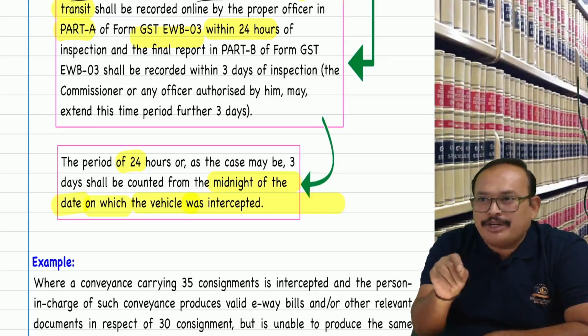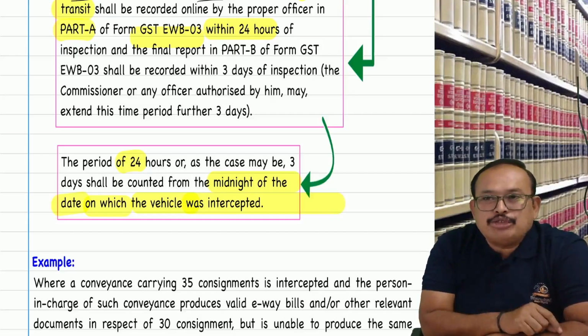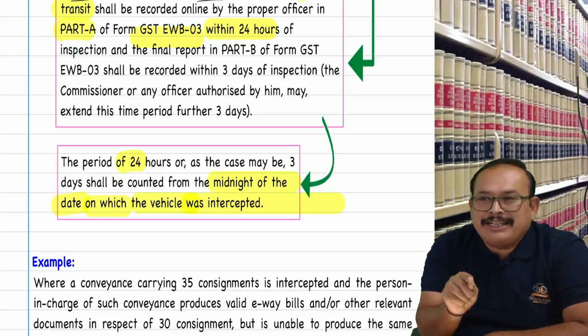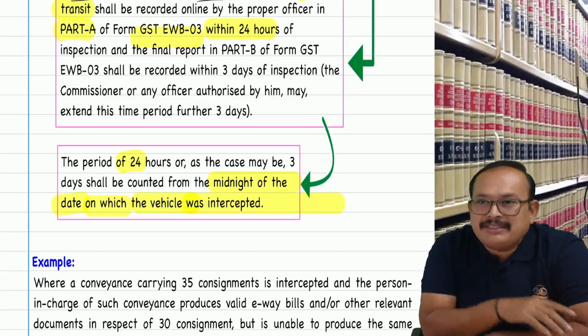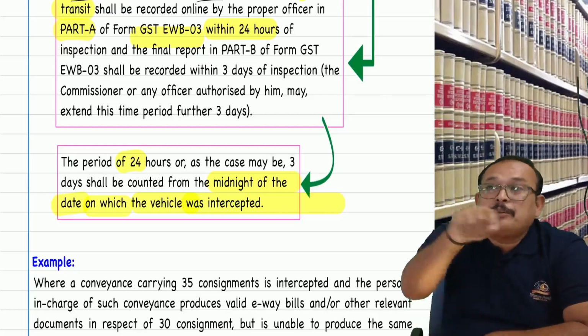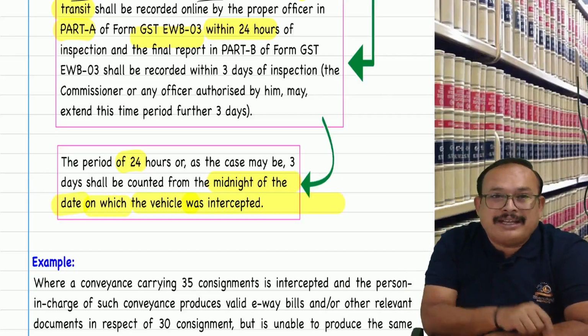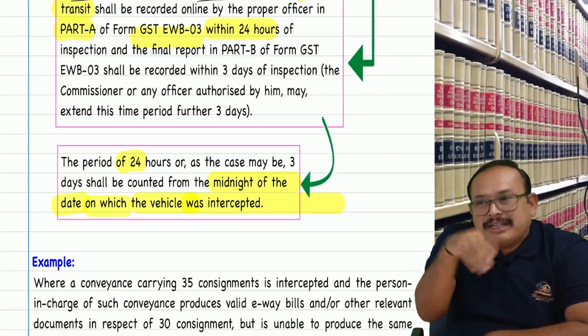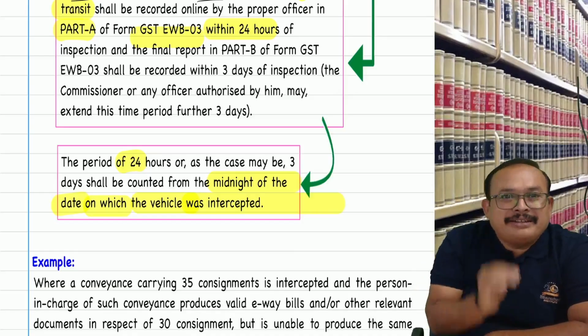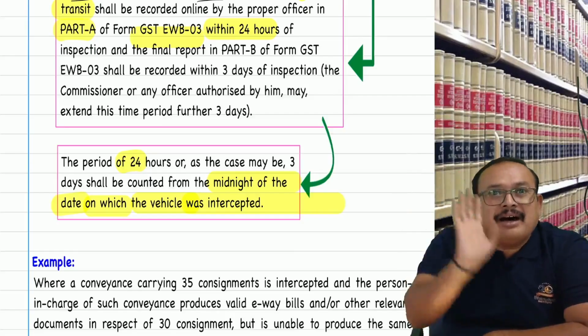What is the date today? 8th August 2025. On 8th August 2025 at 11:40 am, the department officer detained the vehicle on the road. Within 24 hours, he has to upload EWB 03 Part A. If he uploads the next day morning at 10 am after having tiffin, tea and coffee, is it valid?